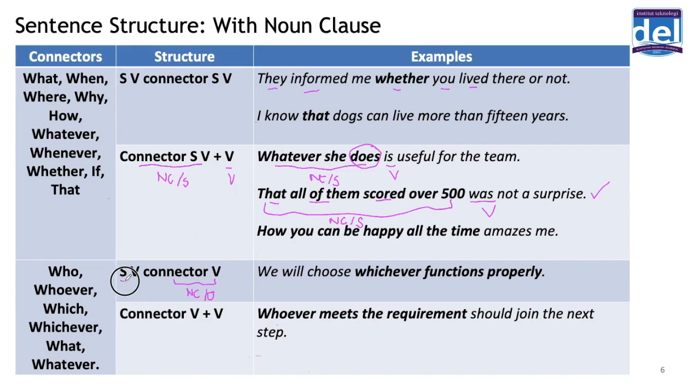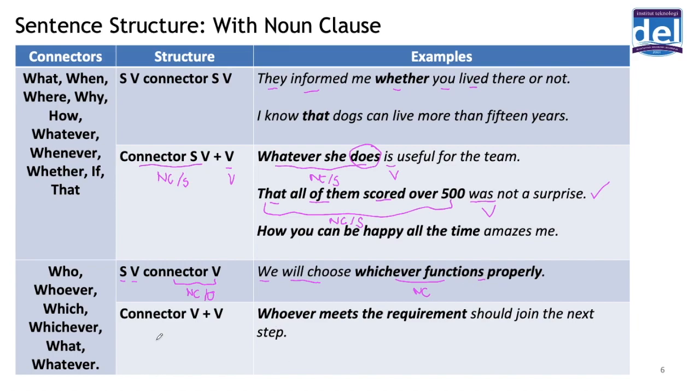This is the subject of the sentence, this is the main verb, and this is the noun clause which functions as an object in the sentence. For example, we will choose whichever functions properly. This is the subject, this is the verb, and this is the noun clause. And connectors who, whoever, which, whichever, what, and whatever in a noun clause as subject are usually followed by a singular verb. Functions. It is a singular verb, right?